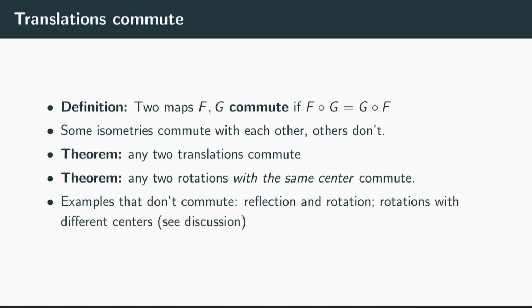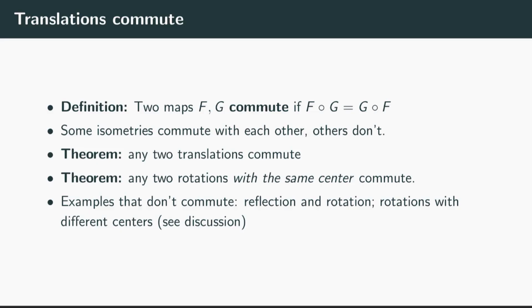The other key observation is that any two rotations that have the same center commute with each other. That one is not hard to believe, but we will not prove that either. But there are also plenty of examples that do not commute. So for instance, if I do a reflection and if I do a rotation by some angle other than 180 degrees, then in general these are not going to commute with each other.